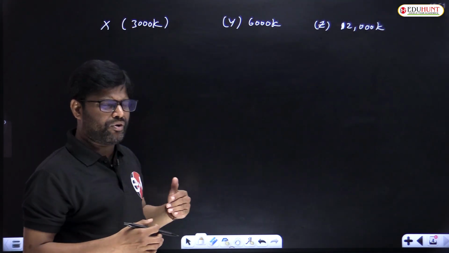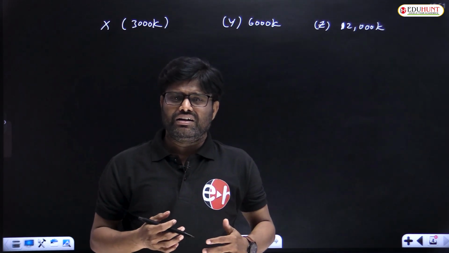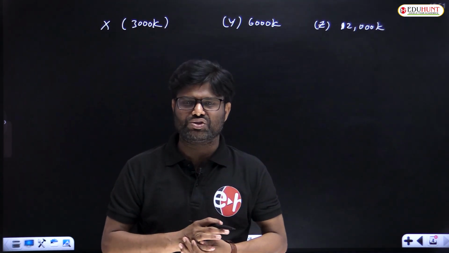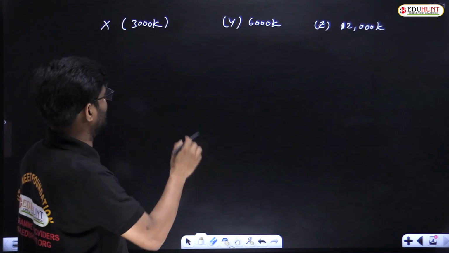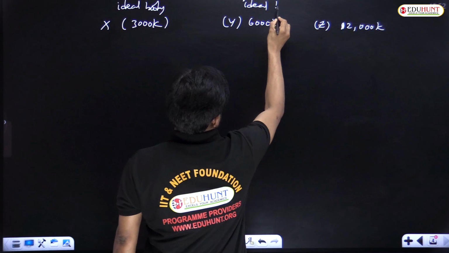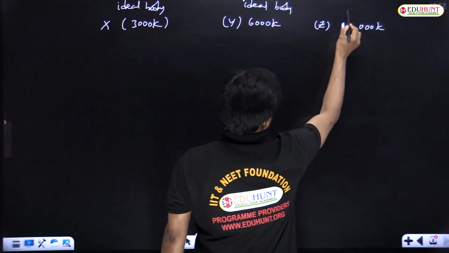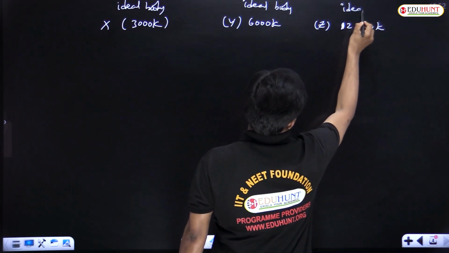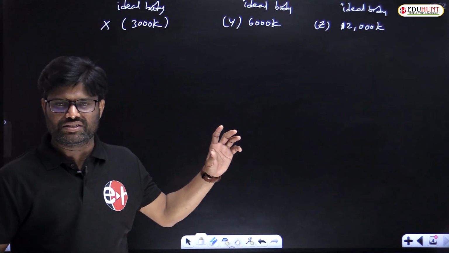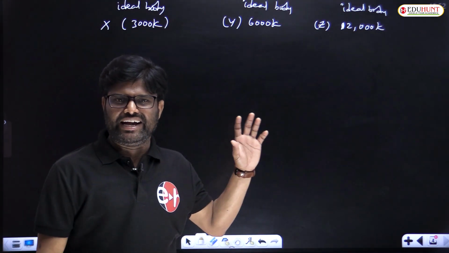A black body is nothing but an ideal body only. Ideal body, not 100%, that's why I am taking it so. There are no 100% black bodies, only 99%.